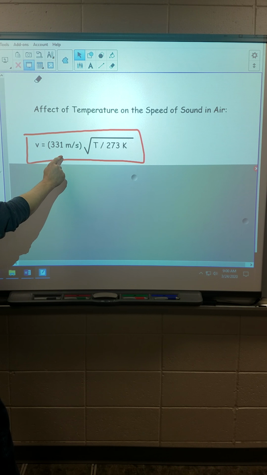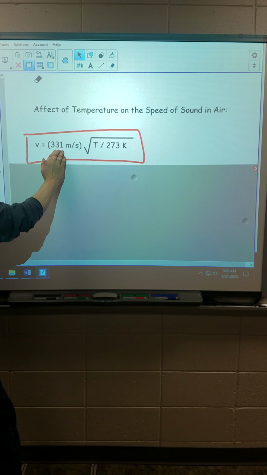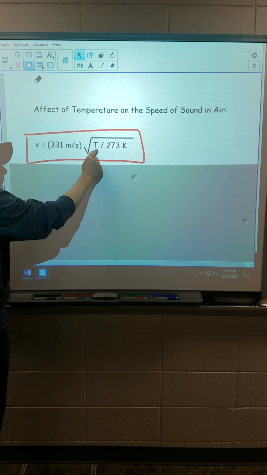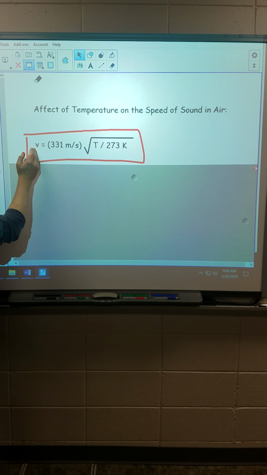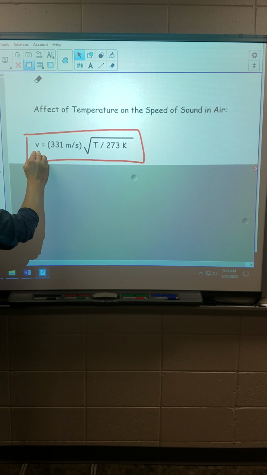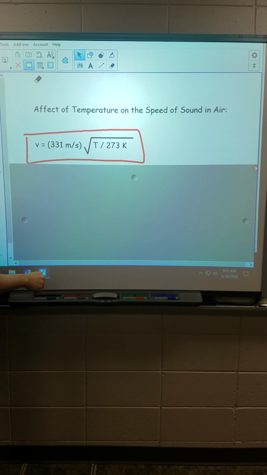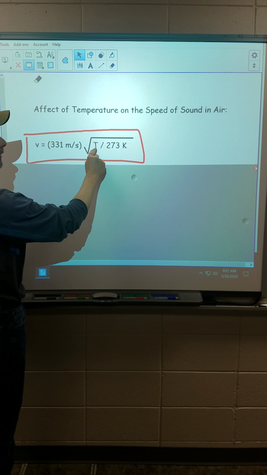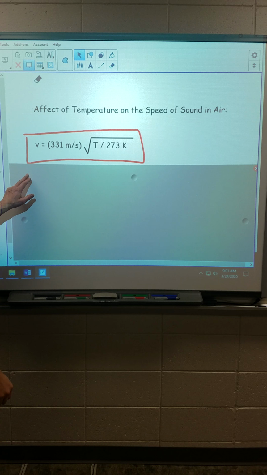We're going to presume that the speed of sound in air at 0 degrees Celsius or 273 Kelvin is 331 meters per second. So if my temperature is higher than 273, this velocity of the sound wave in air is going to increase. If it's lower than 273, it's going to decrease. Fairly straightforward formula, just the square root of the actual temperature divided by 273 Kelvin times 331.